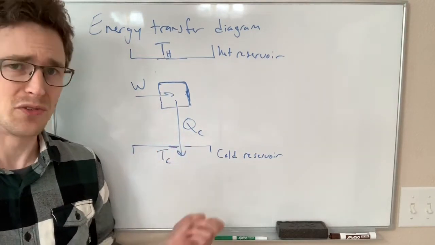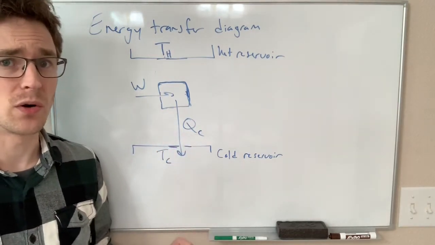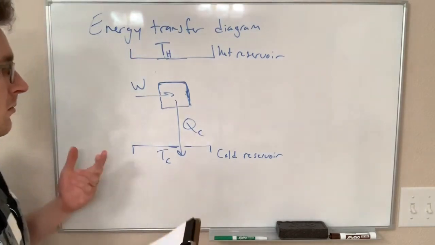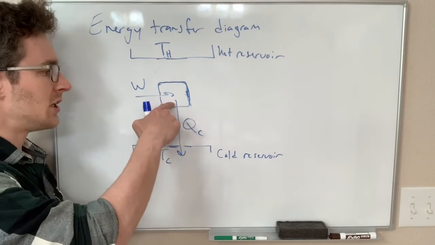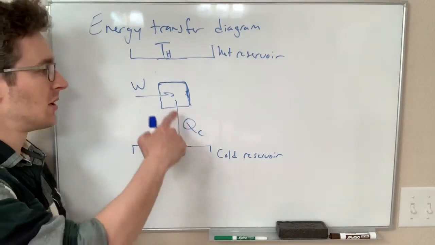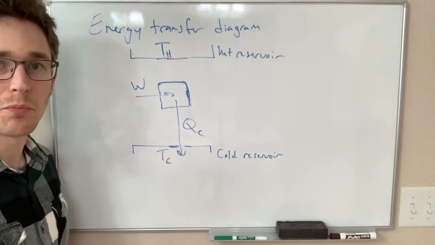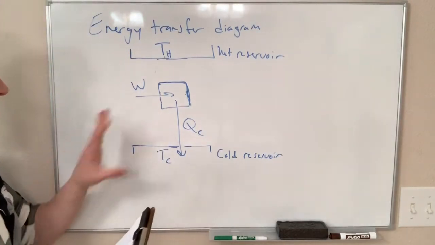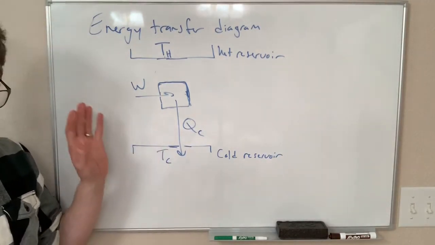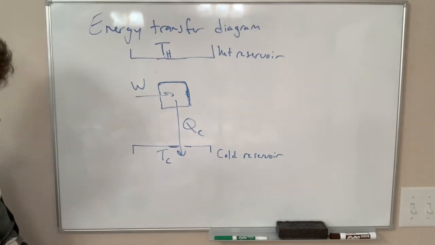And that is, if there's nowhere else energy can enter or leave my system, then it has to be the case that the work entering my object equals the heat leaving my object, if this object ends up at the same temperature it started at. So there are constraints on these diagrams from the first law of thermodynamics.